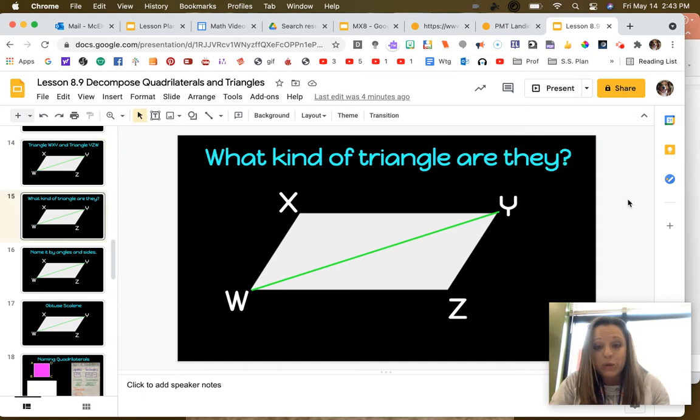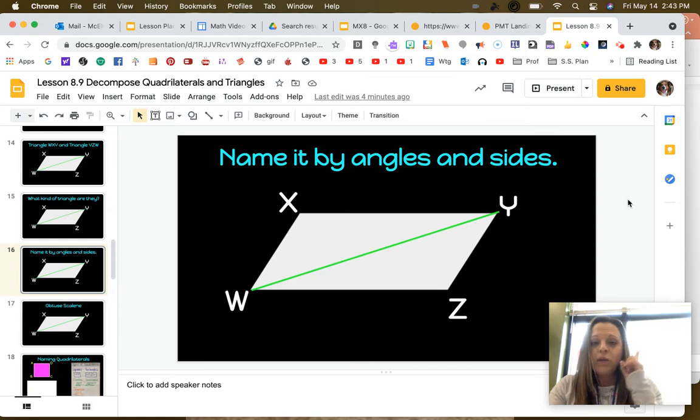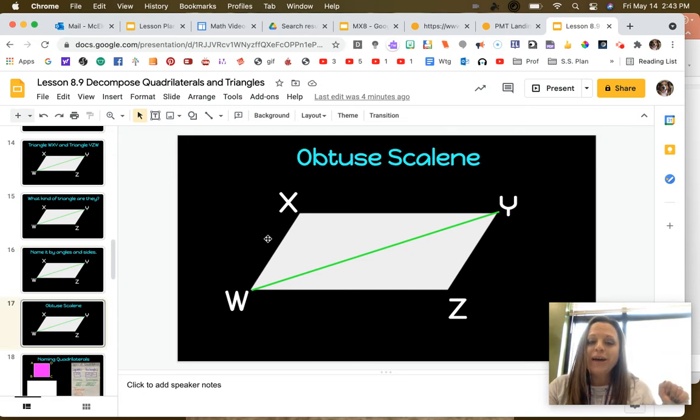They have names too, right guys? You can name it by its angles and its sides. We know this from our triangle lesson last week. So, both of these triangles happen to be obtuse scalene.